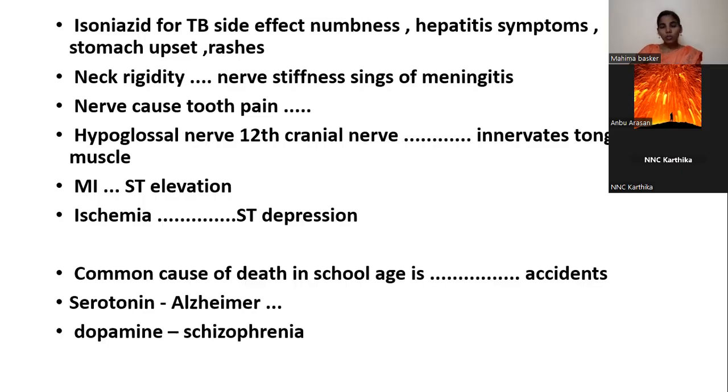If they ask you directly, you have to answer peripheral neuropathy. That's why numbness comes. What will you give? You will give isoniazid patients a vitamin B6 supplement, that is pyridoxine. The vitamin B6 tablet we will give for the isoniazid patient.